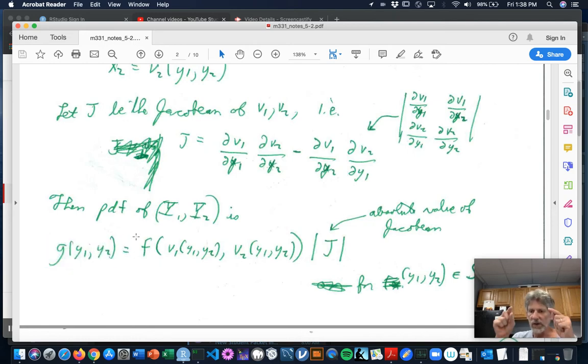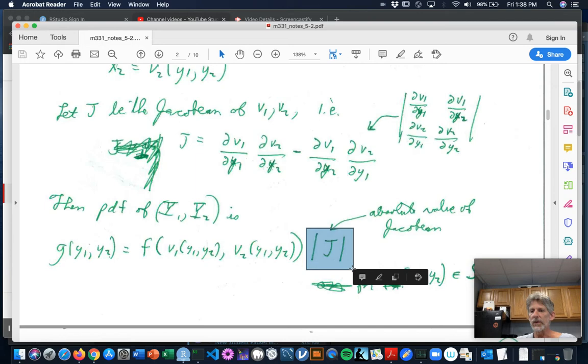And what you do, it looks a lot like the change of variables in the previous section. You just go to your little f, and for the x1, you plug in whatever expression you got to back solve it, and for the x2, you plug in whatever y1, y2 expression you got to back solve for it. And then you got to multiply. Back in the previous section, it was the absolute value of the derivative of the inverse f of y.